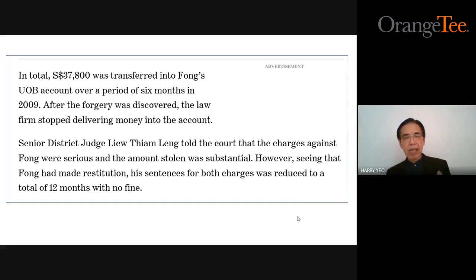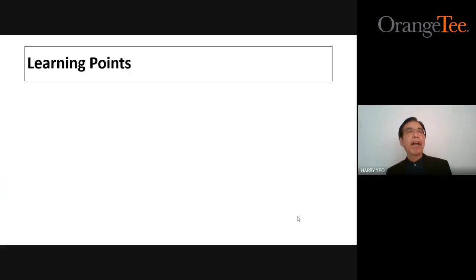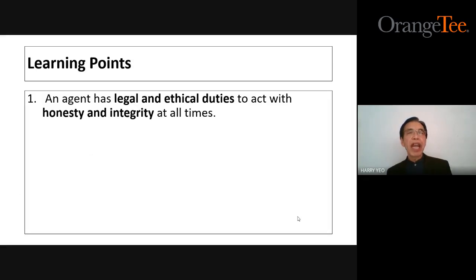The point is this: when we receive money, we must put it in a separate account, must account to the client, must be transparent, and cannot use the money thinking, "My money, I'm going to spend it." That is stealing, and that's why he went to jail. So the learning point is this: an agent has legal and ethical duties to act in honesty and with integrity at all times.